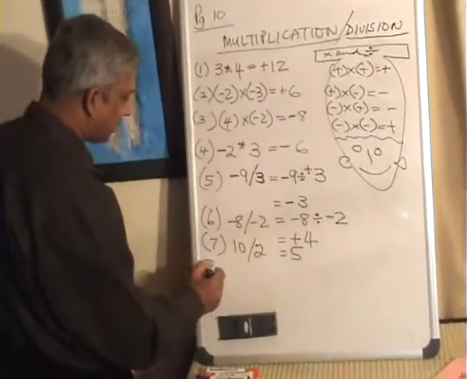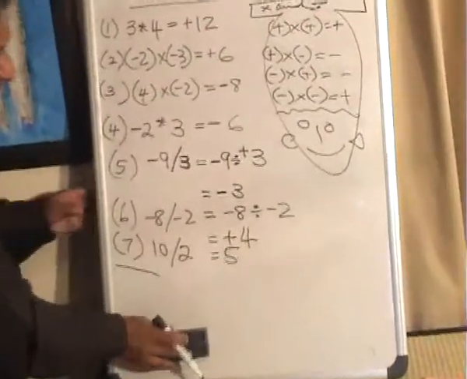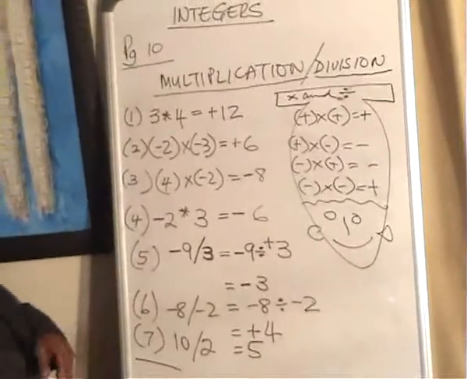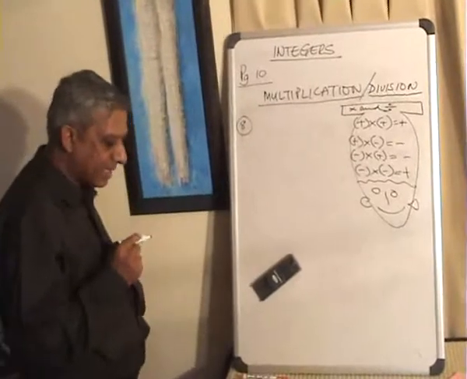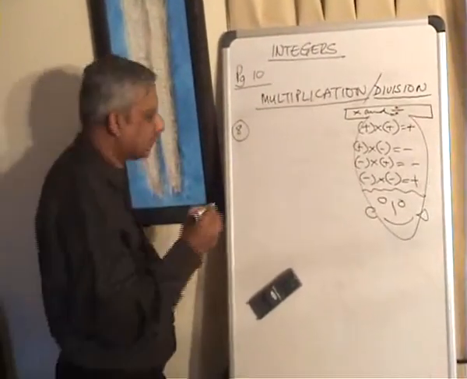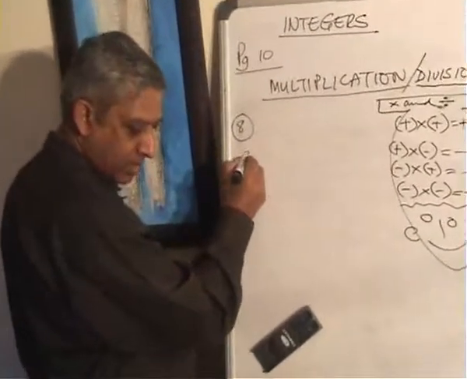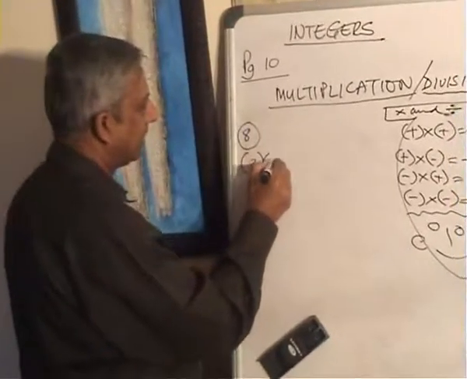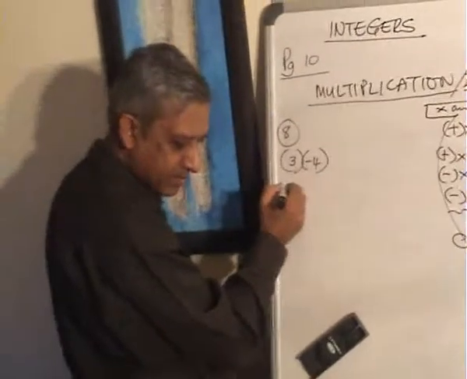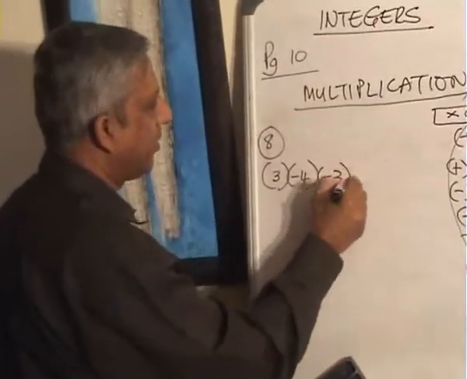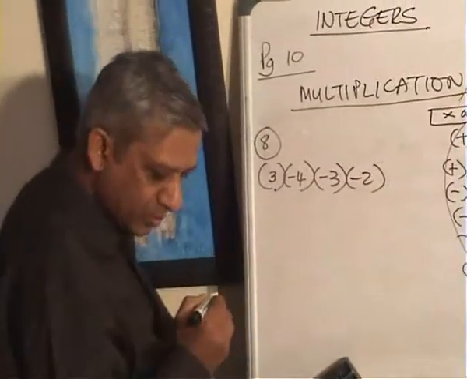The last example on page 10 says 3 bracket minus 4 bracket, minus 3 bracket minus 2 bracket.